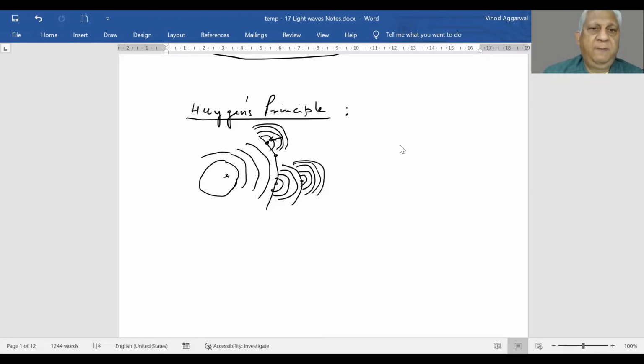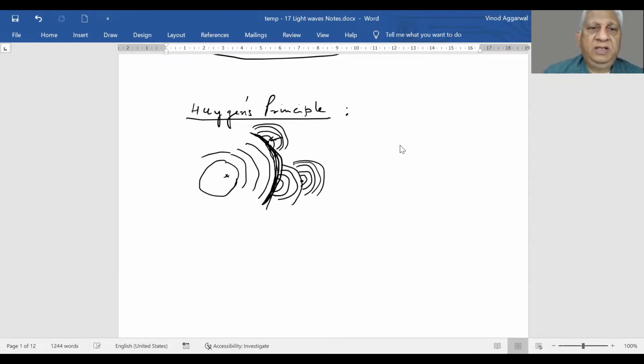What it says is, when a wave front, what is a wave front? Wave front is a path where all the particles are in the same phase. For example, this. All the particles here on the surface are in same phase.